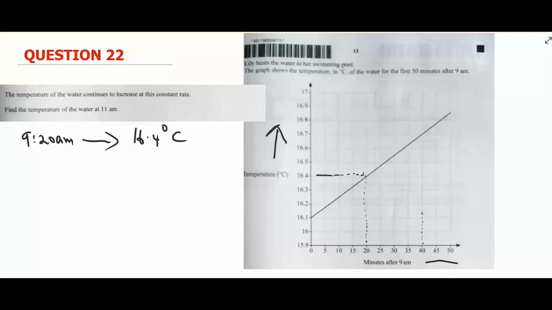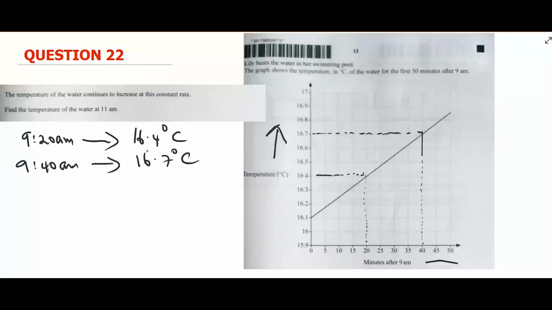So let's see, another 20 minutes, that will be 9:40 here. If you look at it, let's trace it to the temperature. You see that it is 16.7. So by 9:40 a.m., the temperature is now 16.7 degrees Celsius.